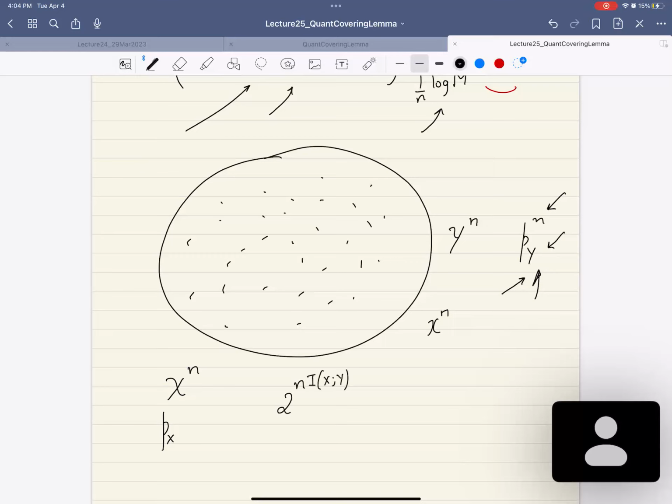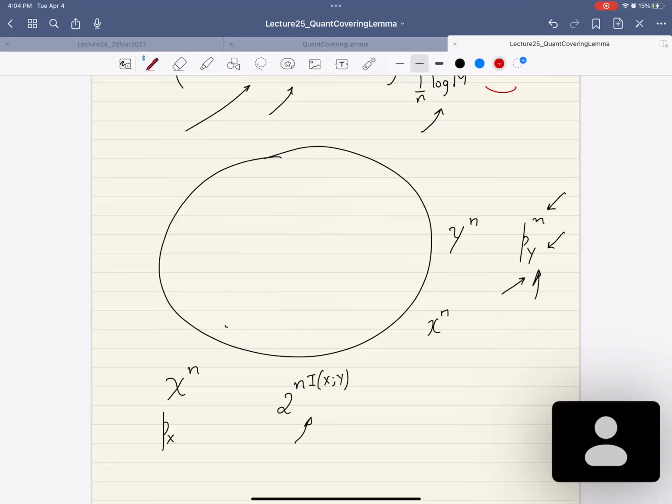If I go below the typical set, if I go below this rate, then what is the distribution of what comes out? The distributions of what comes out are all concentrated and disjoint.